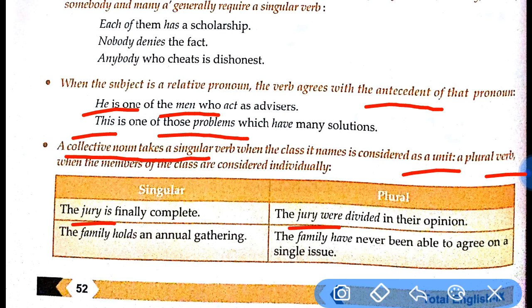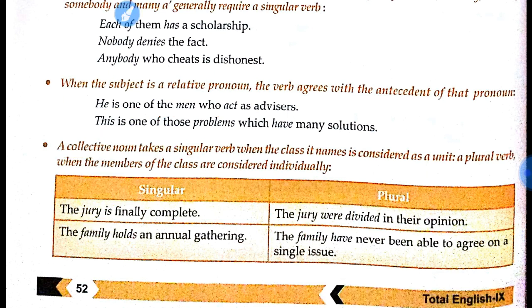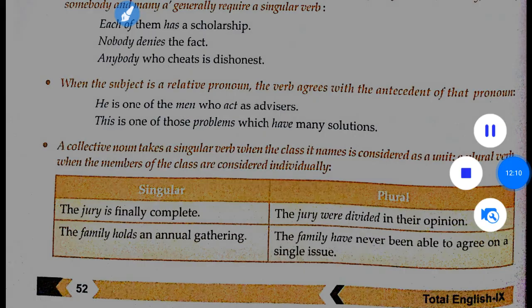The jury is finally complete means the jury as a whole decided on one thing. The jury were divided in their opinion: each member of the jury was not in favor of the same opinion. So that is the way here we have used the plural form, and here we have used the singular form. So we have here the different forms of using singular and plural verb.